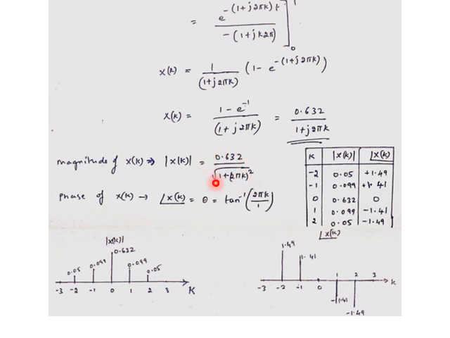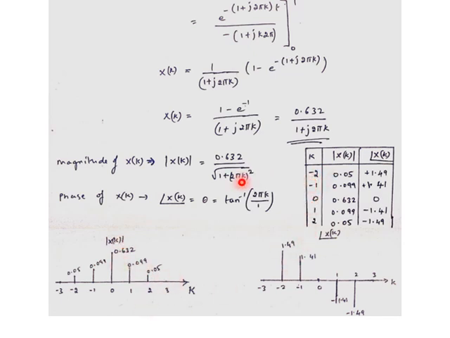That term will give the magnitude of x of k. If k takes different values, that is mentioned in the table. If k equal to minus 2 to 2 is considered, it can be expanded further till infinity, and till minus infinity also I can take the values. But here I have taken only 5 values to represent the graph.